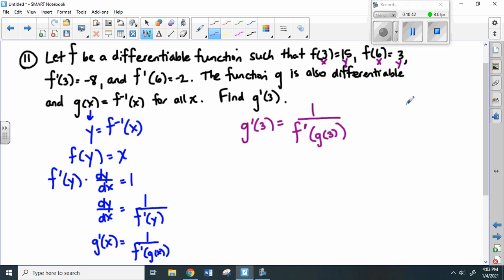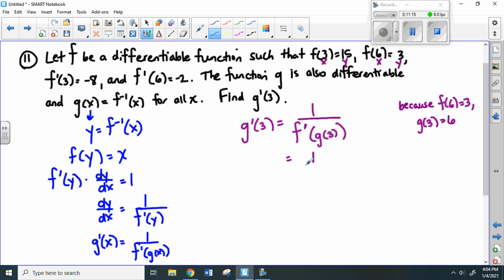So because f of 6 equals 3, g of 3 equals 6. That's the most basic definition of inverses. If you switch the x and the y, you are on the inverse. So I actually gave you more than enough information. You just had to know which piece to use there.